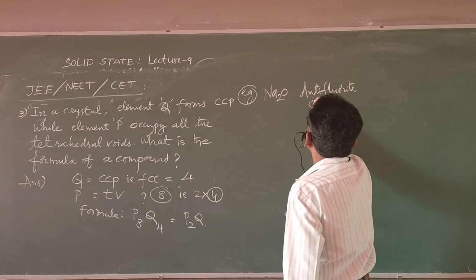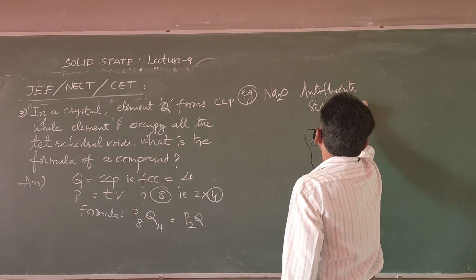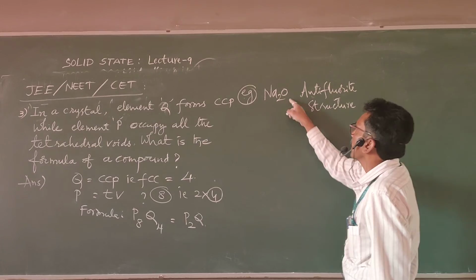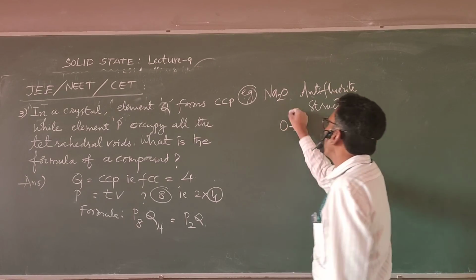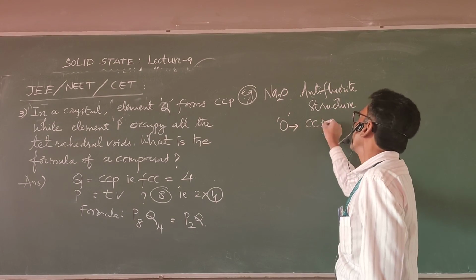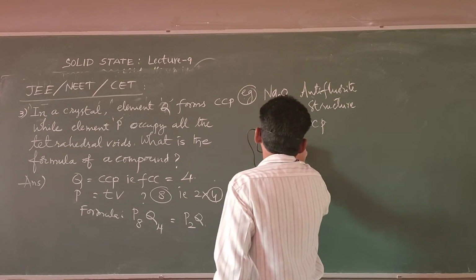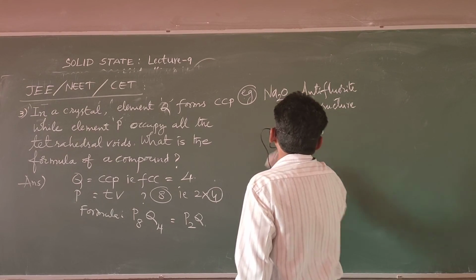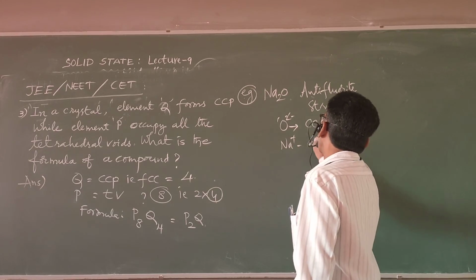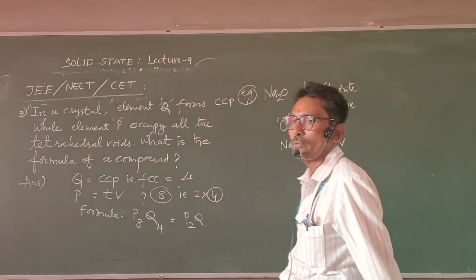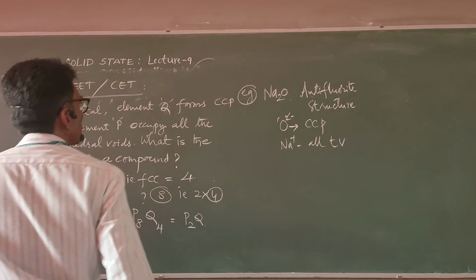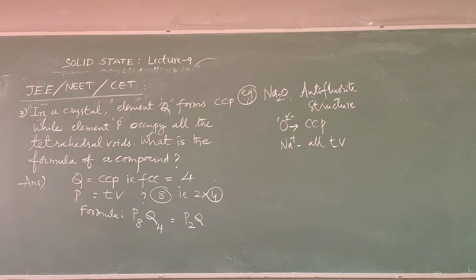Anti-fluoride structure means oxygen, O2-, forms CCP, and the cation Na+ occupies all the tetrahedral voids. The compound has a structure known as anti-fluoride structure. The reverse will be taken. Get ready.